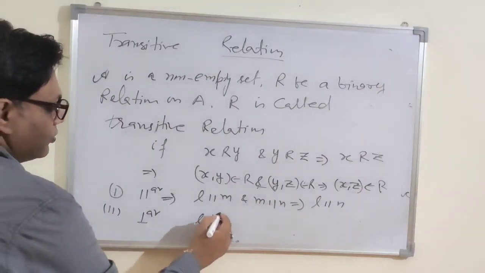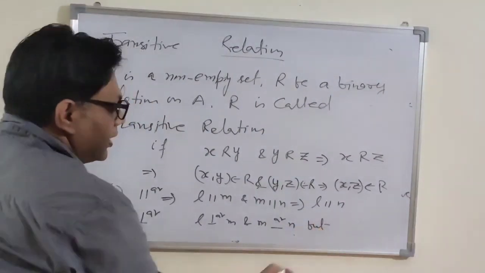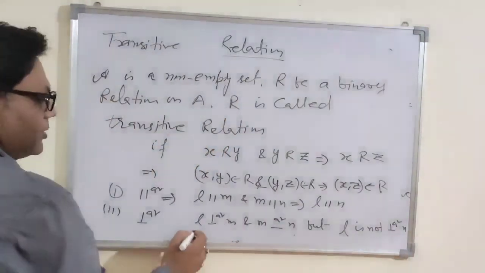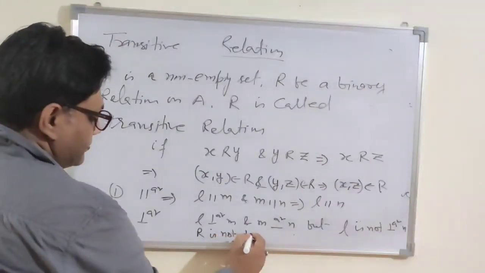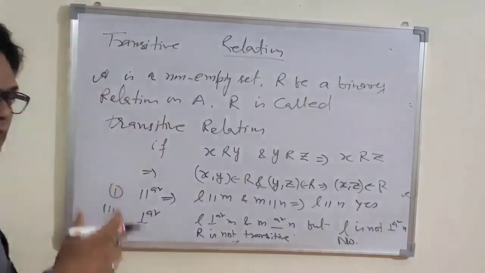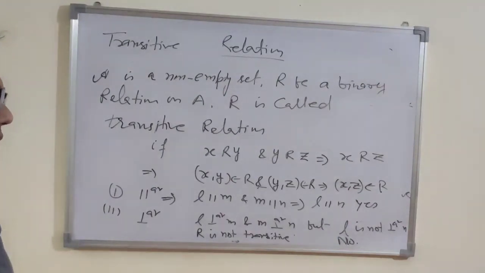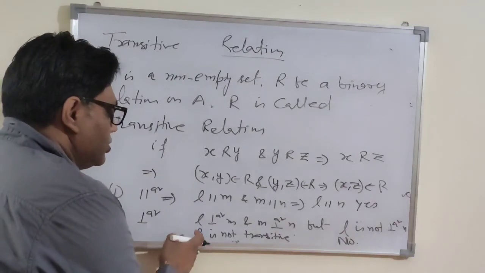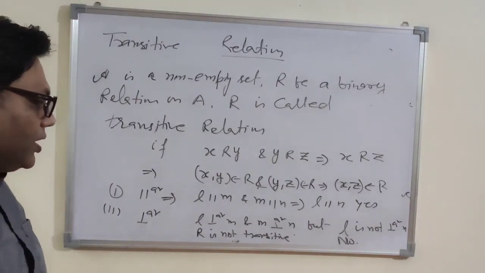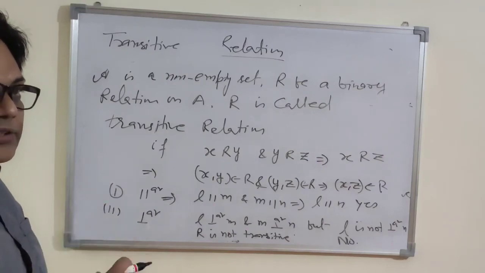You know very well that if L is perpendicular to M and M is perpendicular to N, then L is not perpendicular to N. So in the second part, R is not transitive, but in the first part, the relation is transitive.